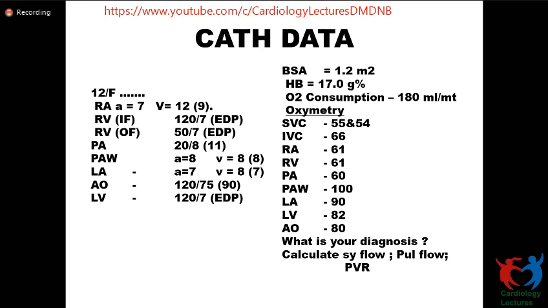That will become the oxygen consumption multiplied by 10 divided by the arterial oxygen saturation difference, that is 23, multiplied by 1.36 into 17 to convert it into ml per 100 ml, multiplied by 10 to make it in liters. So that you will get the systemic flow.